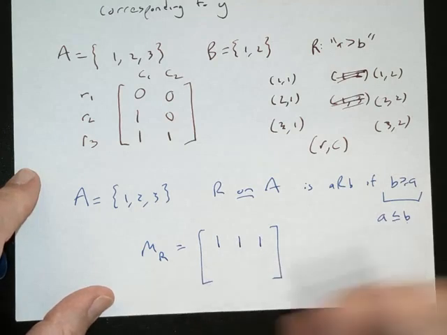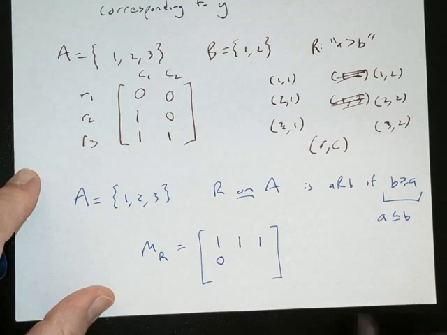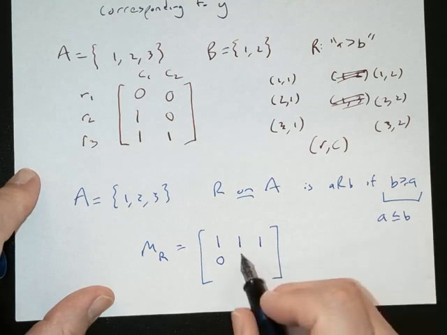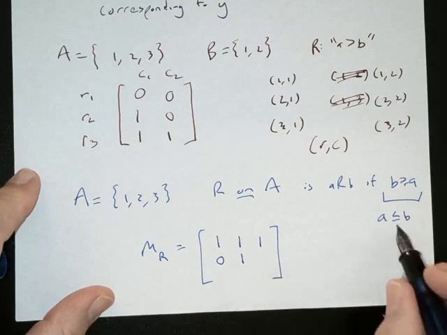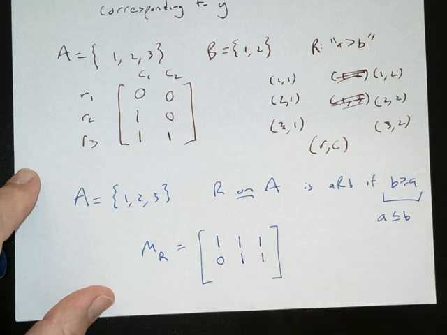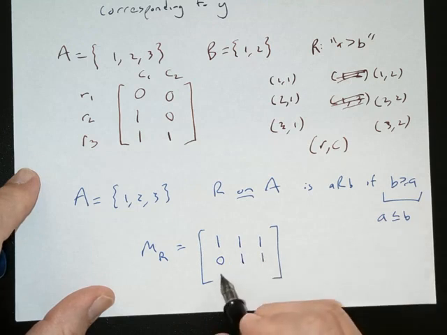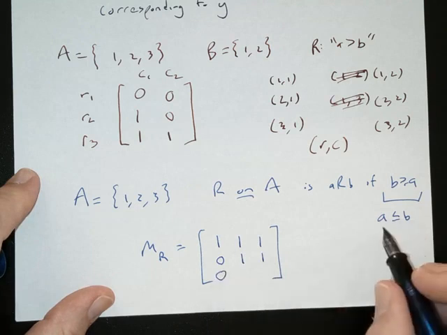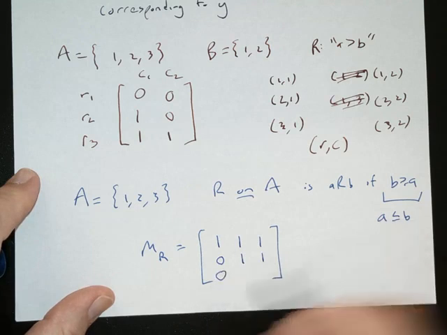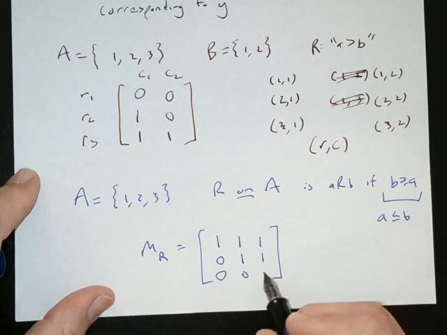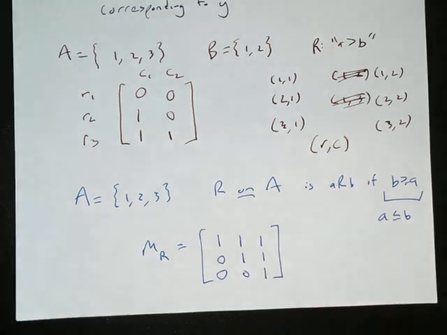Row 2, column 1, no. Row 2, column 2, yes. Row 2, column 3, yes. 3, 1, 3 is not less than 1. 3 is not less than 2, but 3 is less than or equal to 3. There's the matrix for this relation.